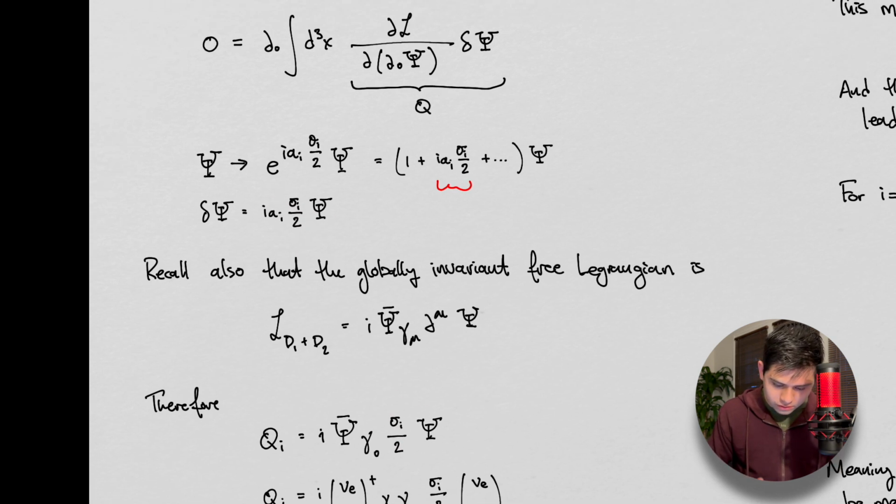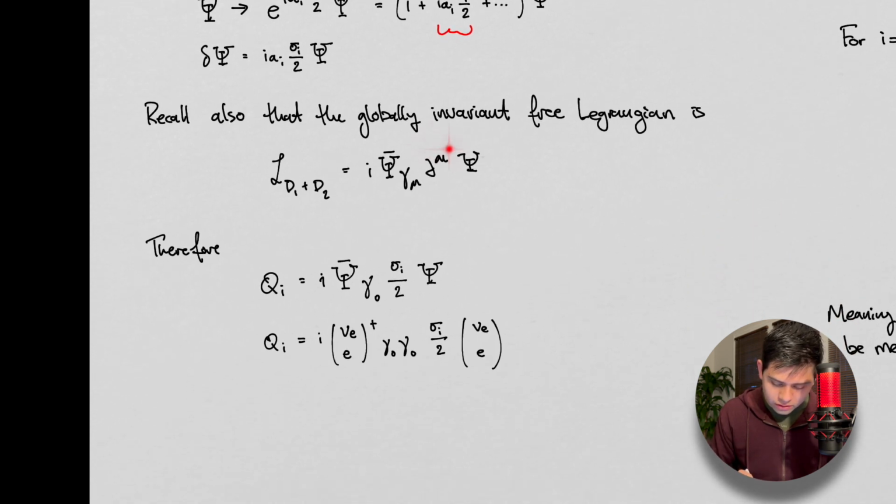This derivative, the Lagrangian with respect to the derivative of the zeroth term, is the derivative with respect to this, so that's why we have this right here.